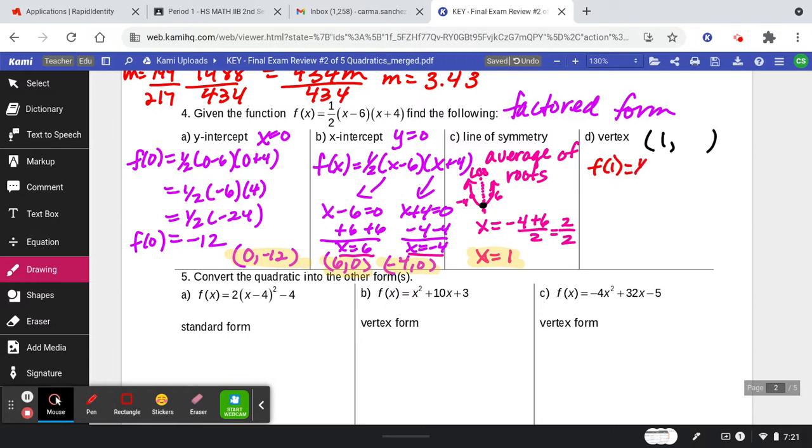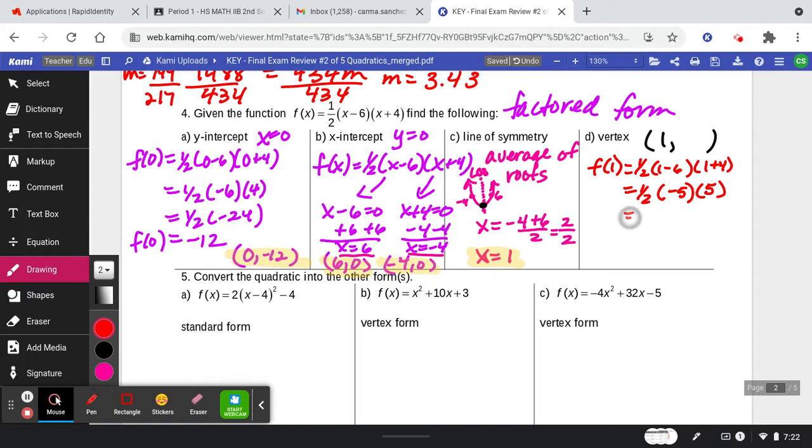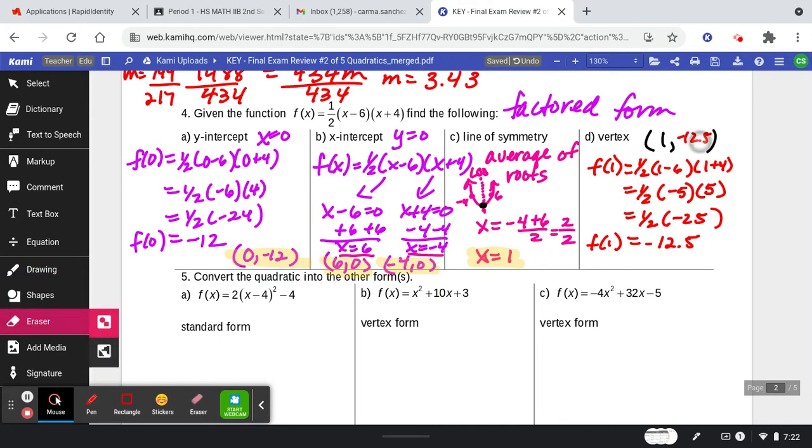So f of 1 equals 1/2 of 1 minus 6 times 1 plus 4. So 1 minus 6 is negative 5. 1 plus 4 is 5. Half of negative 25 is negative 12.5. So my vertex is at 1, negative 12.5.